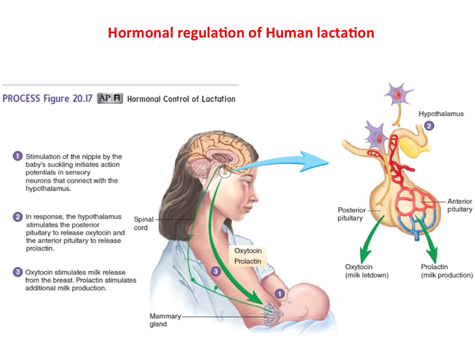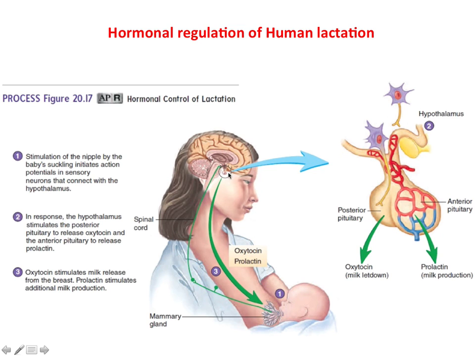Now the hormonal regulation of human lactation. This is also an important process in women after childbirth. Here you can see the stimulation of the nipple by the suckling of the baby, and it initiates the action potential in the sensory neurons.